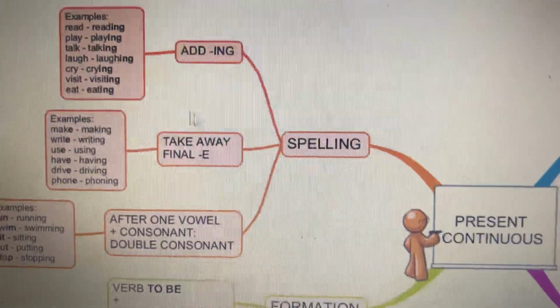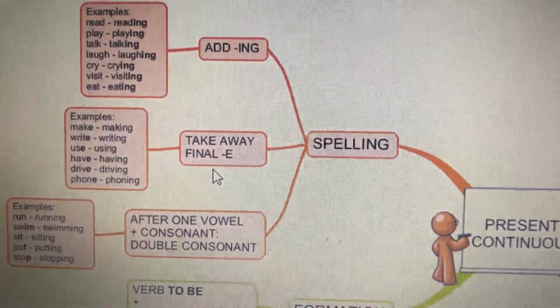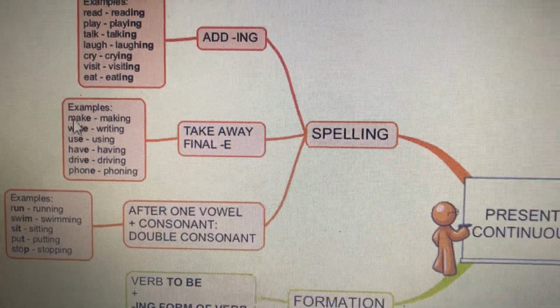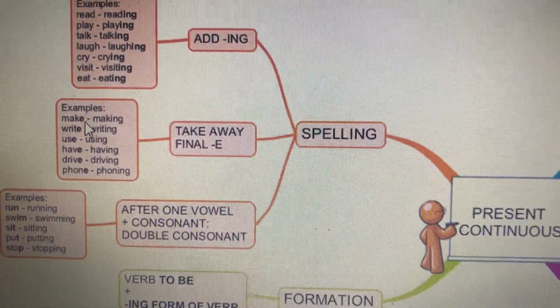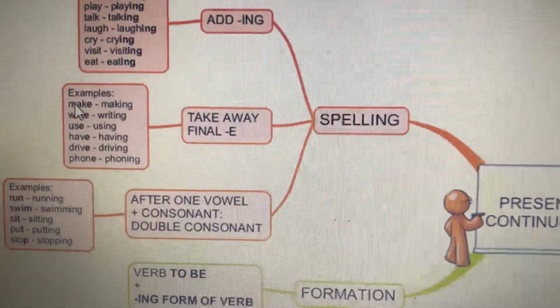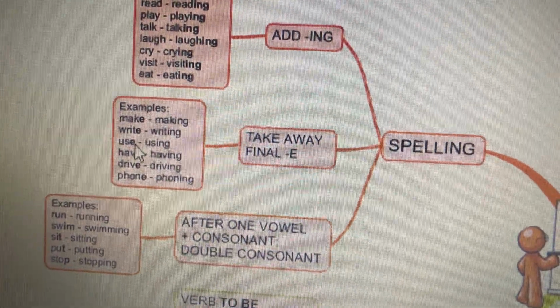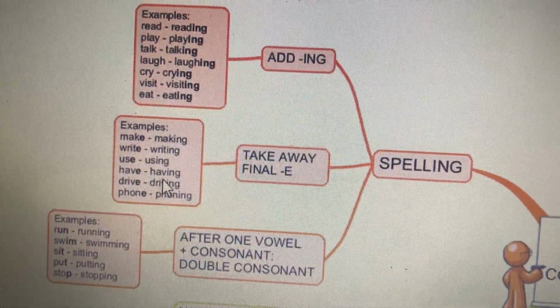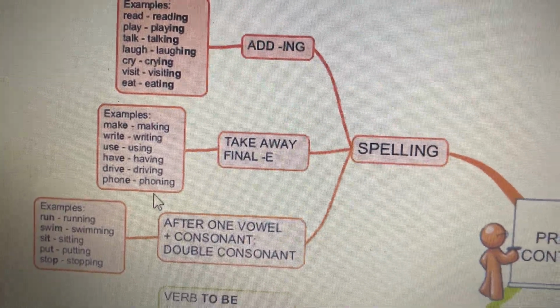Another spelling rule, take away final E. It means if I have a verb and it ends with an E, we omit the E and we add ing, such as make, making, write, writing, use, using, have, having, drive, driving, phone, phoning.